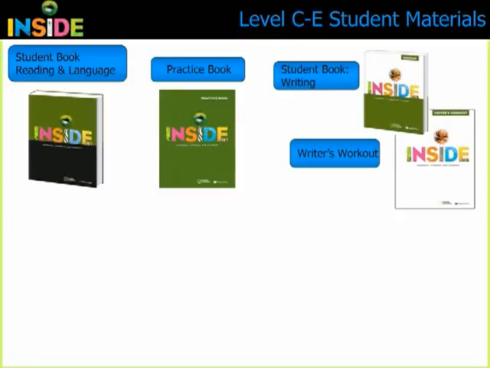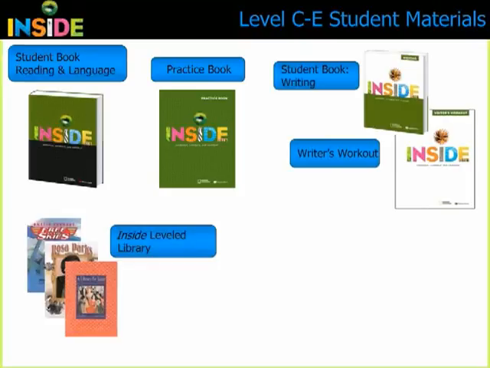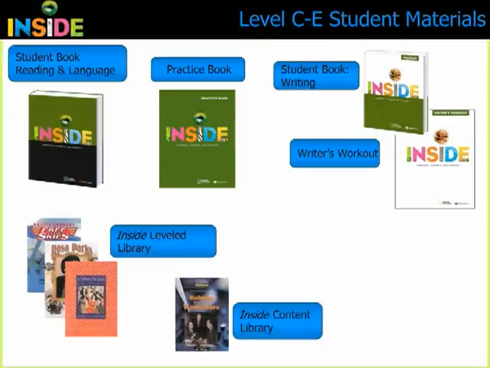And there's also a student book for writing, which includes in-depth instruction in writing to address the writing standards for grades 3 through 6, and the Writer's Workout provides ample practice and application for the writing instruction. The Inside Level Library includes 3 books per unit at different reading levels for extended reading, and the Content Library provides extended reading opportunities for each unit in the content areas.